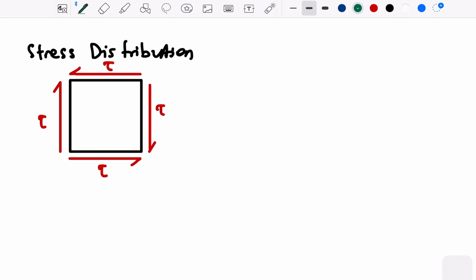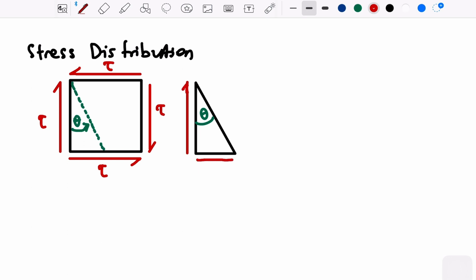And then let's say we are going to have some change in this angle. Let's take this angle and analyze. So that's the angle, and this is the tau.